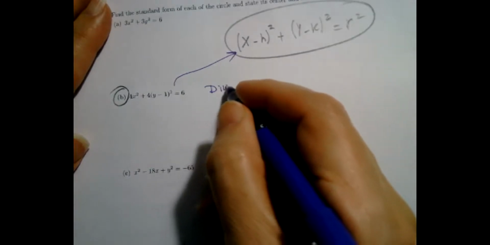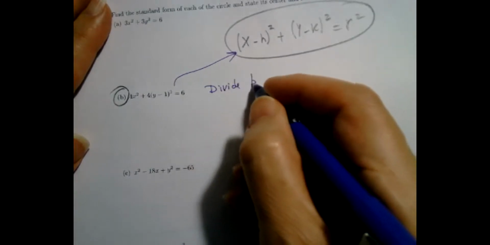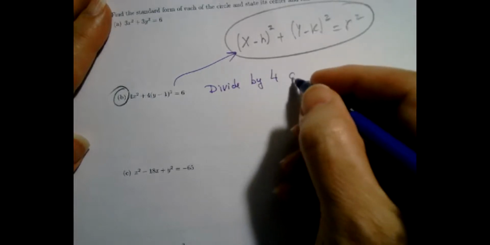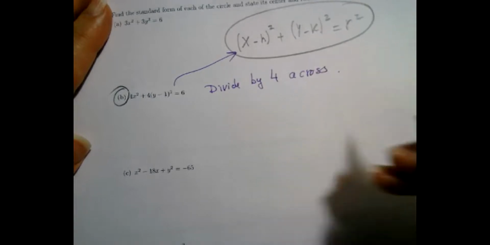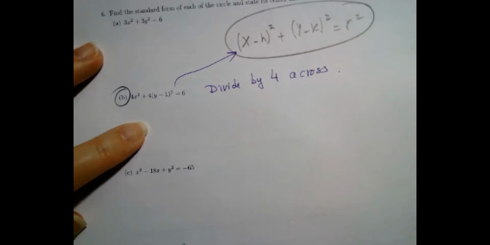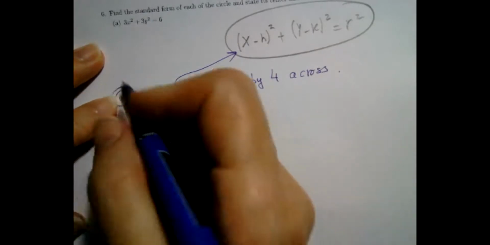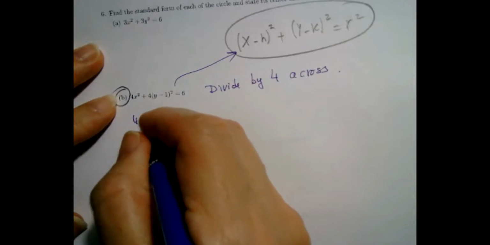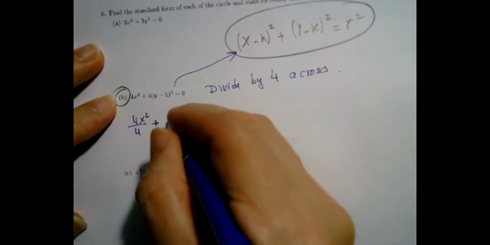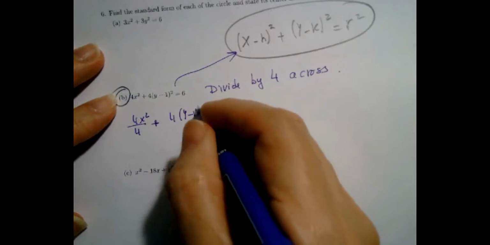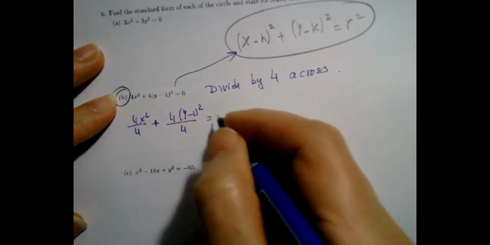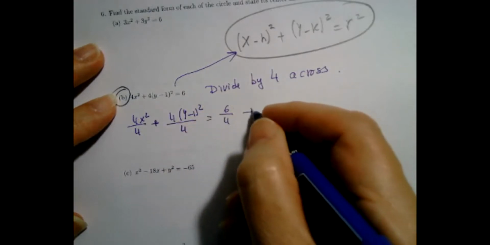We're going to divide by 4 across. Why will dividing by 4 be very helpful in this problem? I divide by 4, and I will have 4x squared over 4 plus 4 (y minus 1 squared) over 4 equal to 6 over 4.